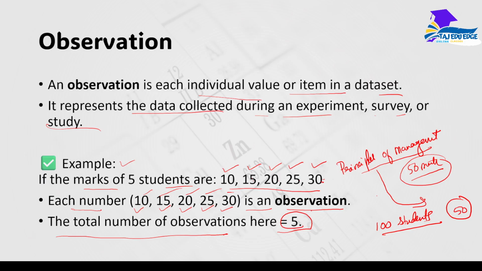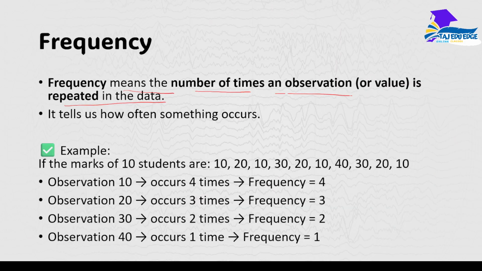In that case, a few numbers would have repeated also, right? Like 15 or 25 would have been repeated by 3 or 4 students, right? So that is what is happening here. The frequency is the number of times an observation or a value is repeated in the data. It tells us how often something occurs.